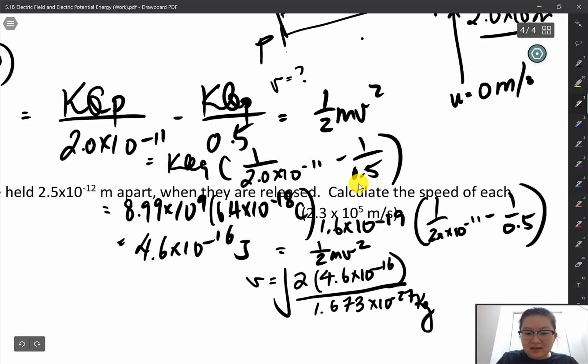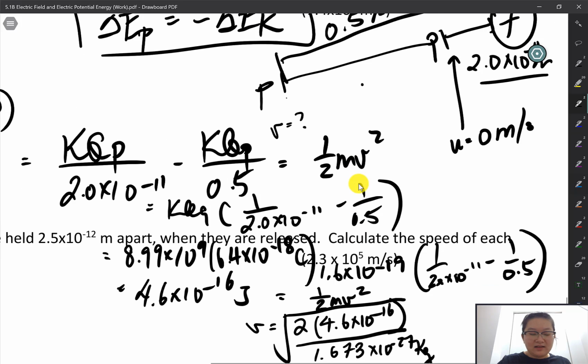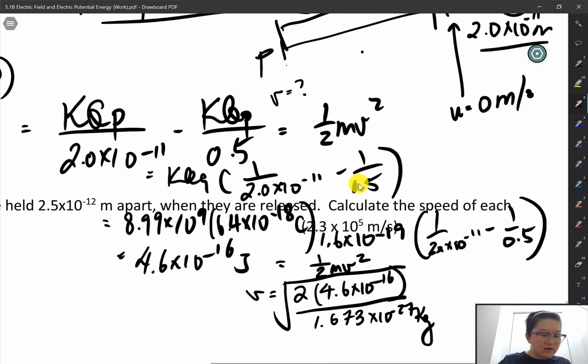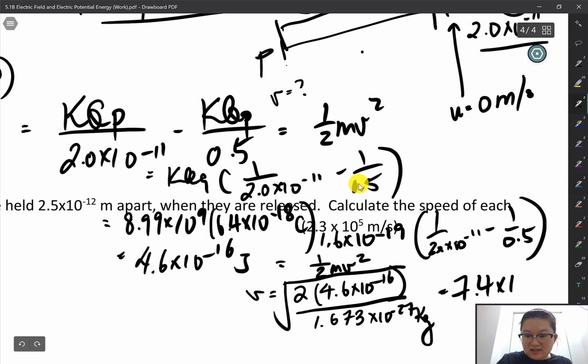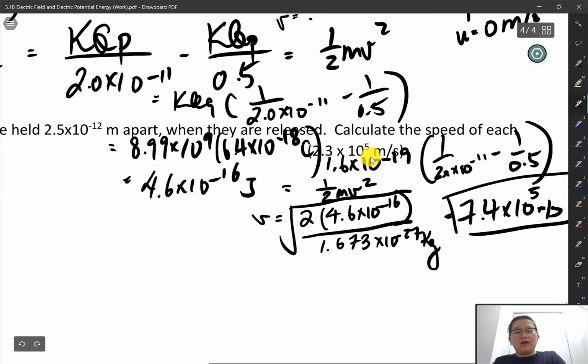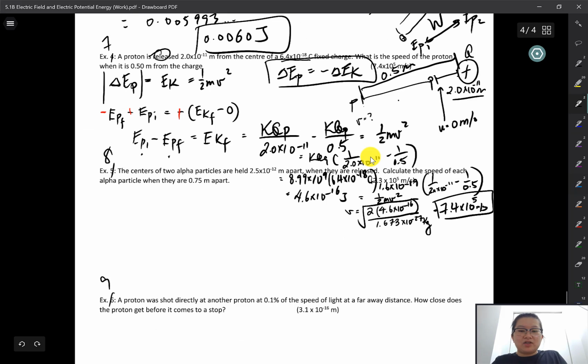And I'm going to take the square root because speed is squared. I get 7.4 times 10 to the power of 5 meters per second. And since this is the speed, I'm not going to care about the direction. But there we go, meters per second.